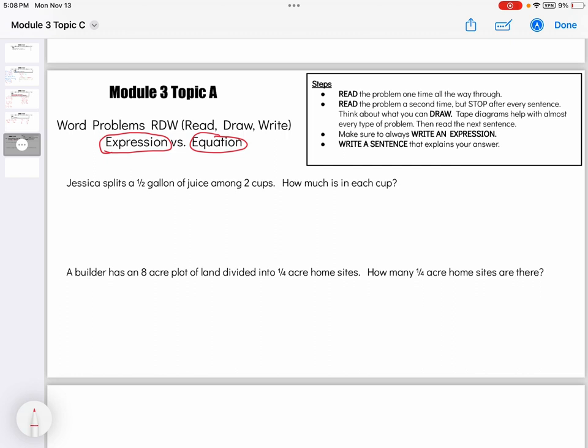How much is in each cup? So, what's my whole? What am I splitting up? Well, I'm splitting up the juice. I'm not splitting up the cups. So here, my expression would be 1/2 divided by 2. And that tells me that in each cup, I'm going to have 1/4 of a gallon.